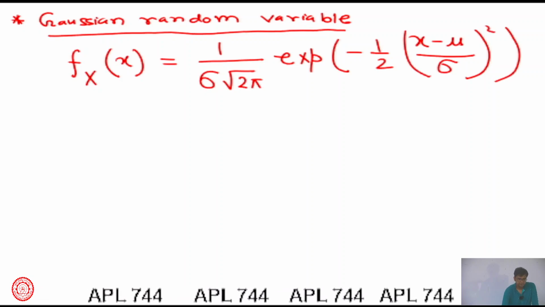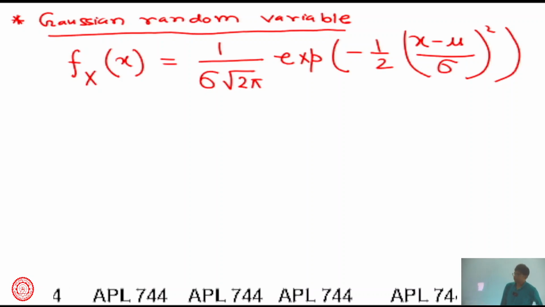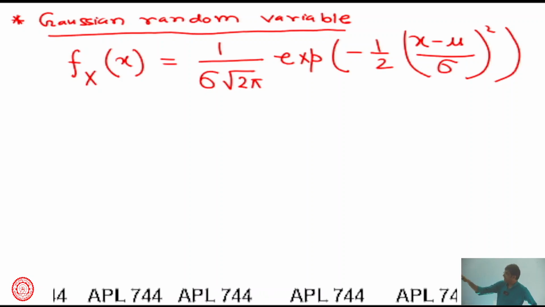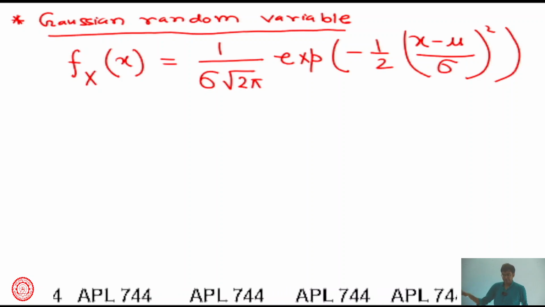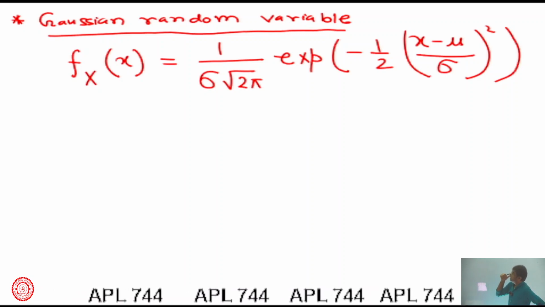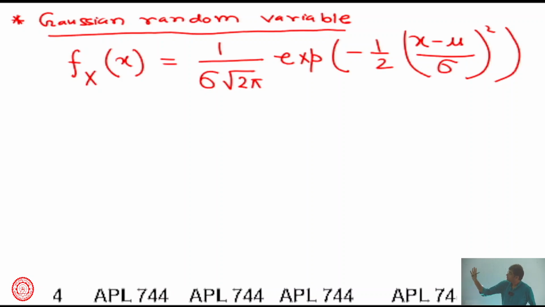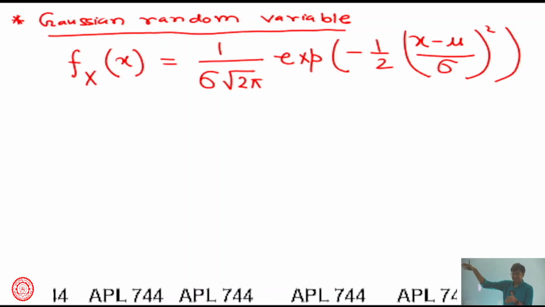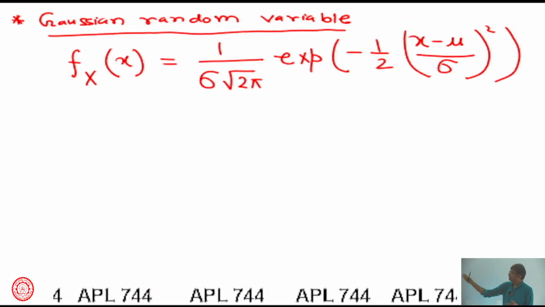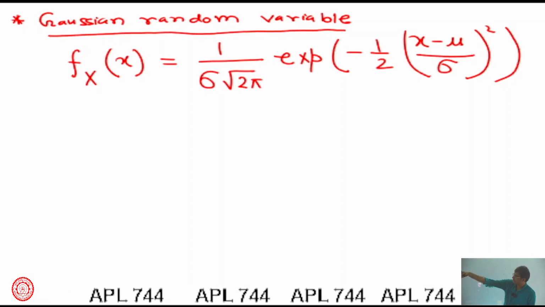Okay. So, this is the PDF of Gaussian random variable. What is x here? x here is the random variable, that is what you see in the left hand side.